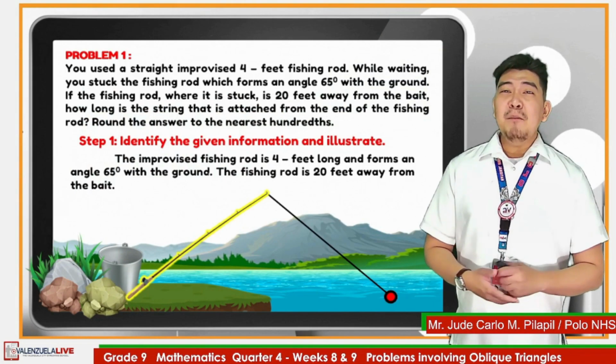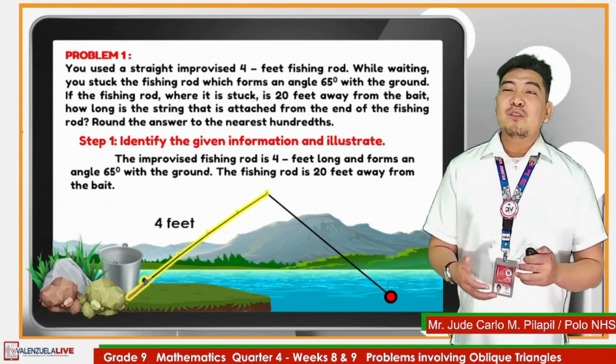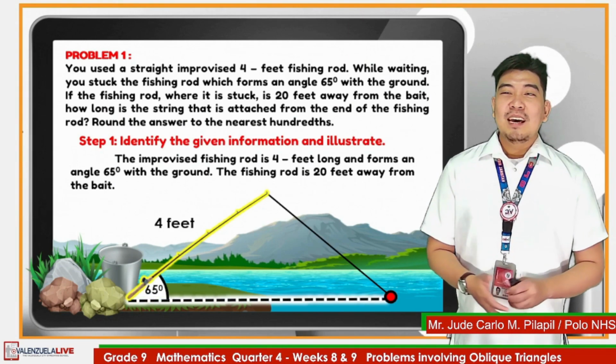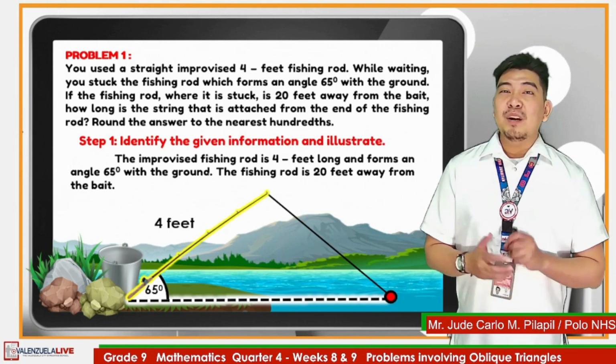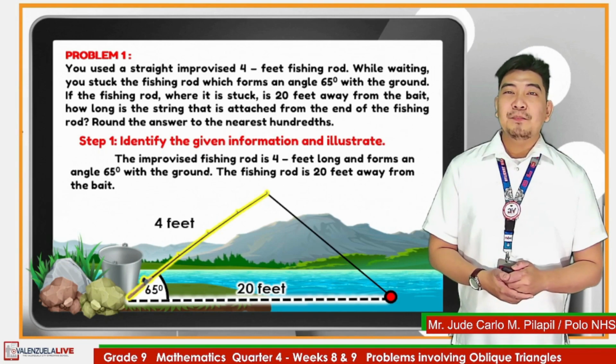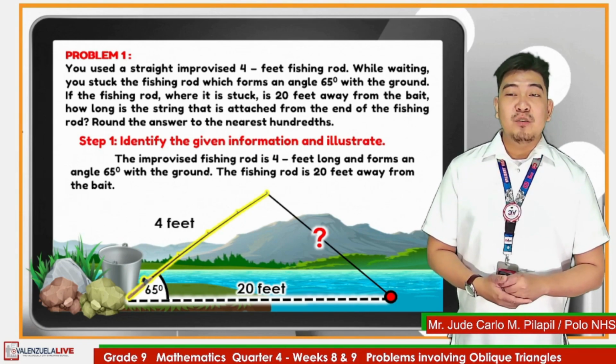The straight improvised fishing rod is 4 feet long. It formed a 65-degree angle with the ground. The distance from the point where it is stuck to the bait measures 20 feet. We are asked to find the length of the string that is attached at the end of the fishing rod.